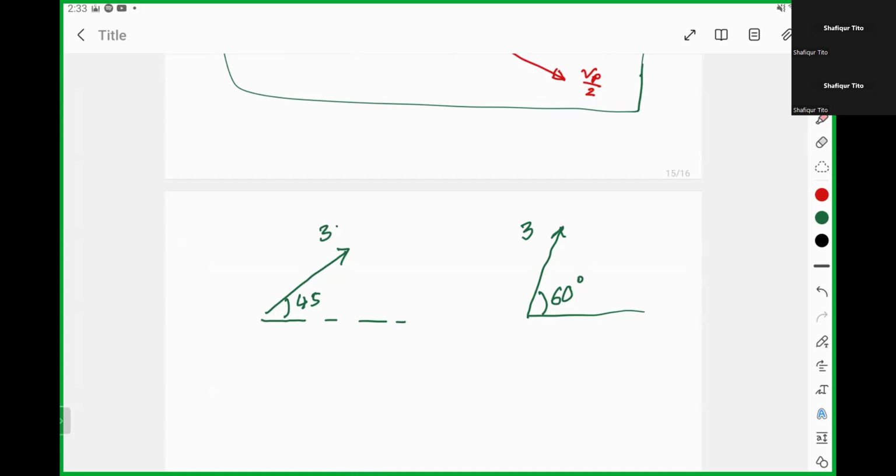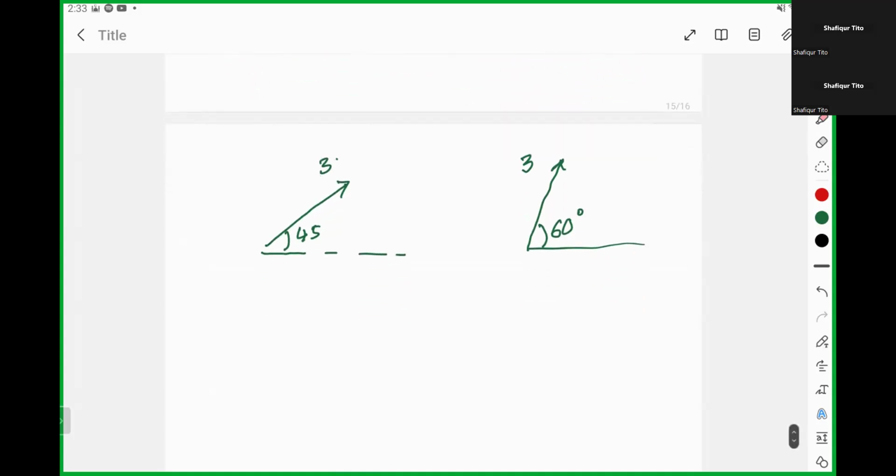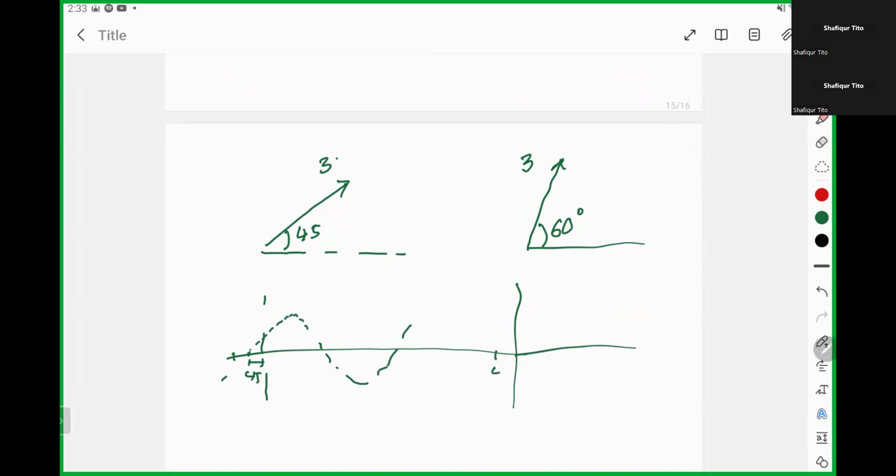So if you draw the sinusoidal signal from here, one would look like this: say 45, this is 90, 45 would be somewhere here and your peak will be somewhere here. And then this one, if I draw it, this will be 45 here and then 60 here, and 90 somewhere here, very close.